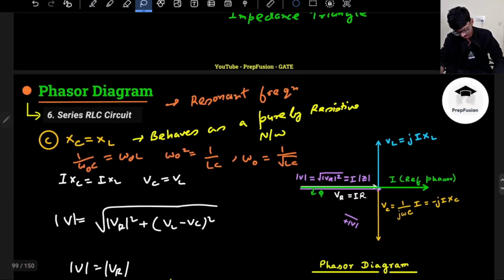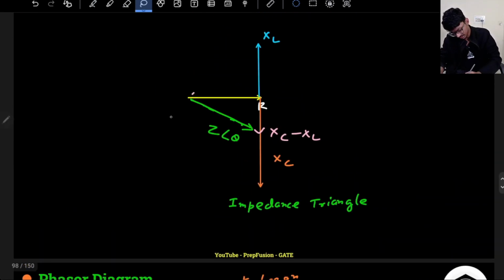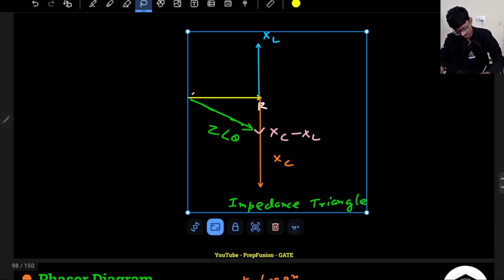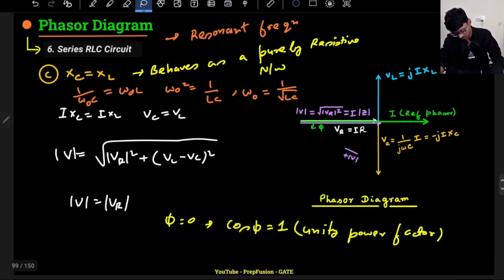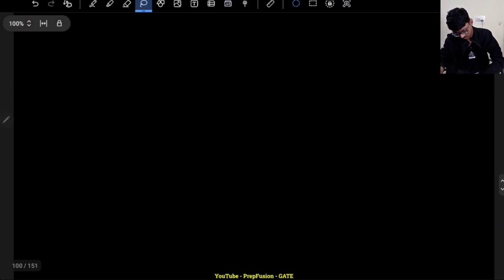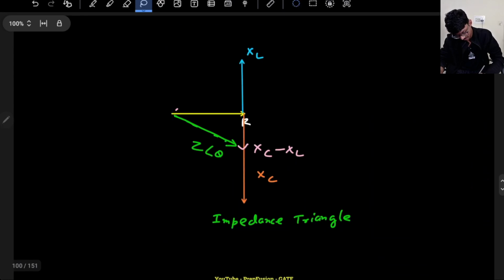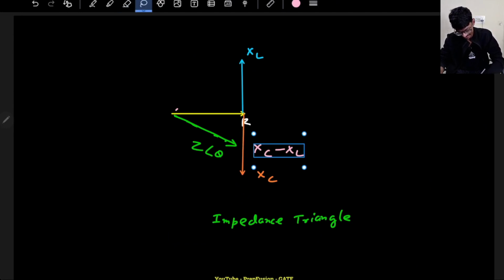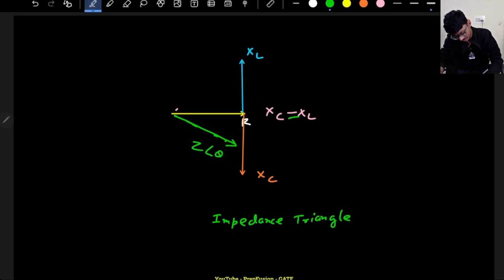For this particular circuit, XL minus XC is equal to 0 because XL is equal to XC. So the impedance triangle will be exactly here, the length is the same. Here XL is equal to XC, which means both of them cancel each other out.